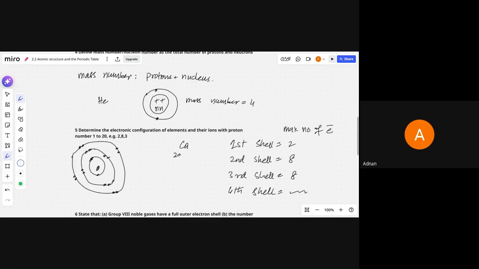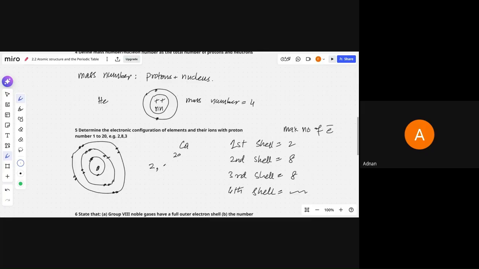So in the first shell, we write 2 electrons, and then we write a comma. This comma represents that now we are going into the second shell.